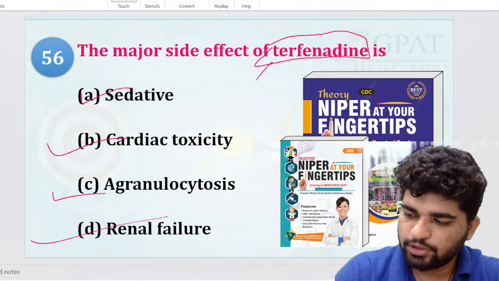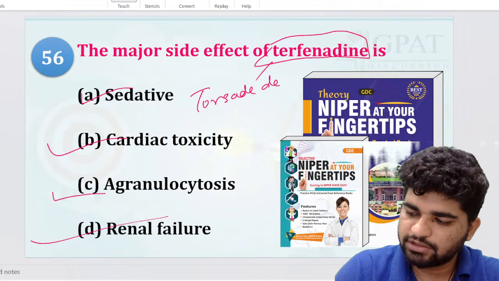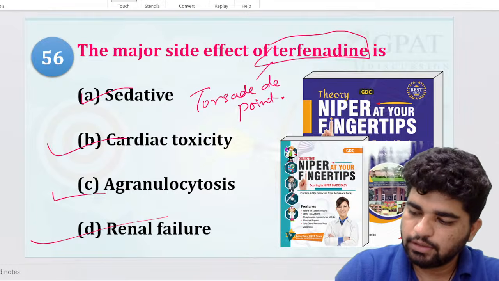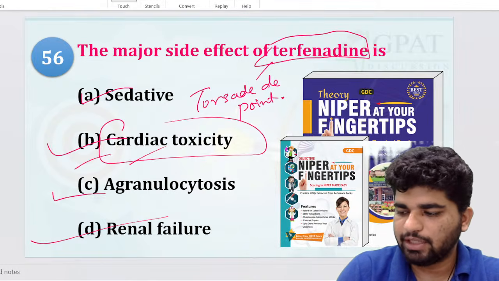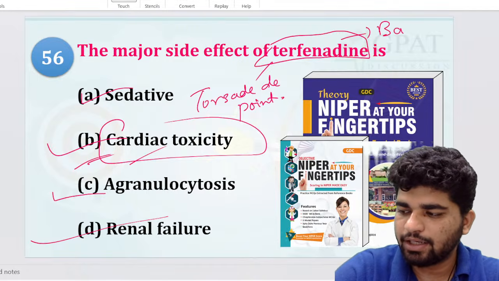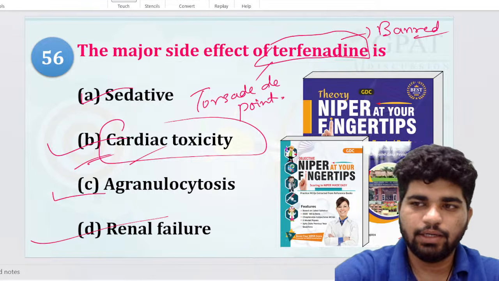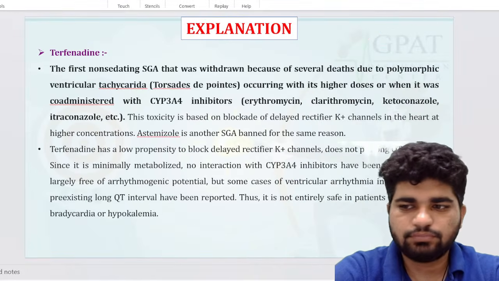I told you, terfenadine causes torsades de pointes. Cardiac toxicity obviously takes place, and that's why it is banned these days.